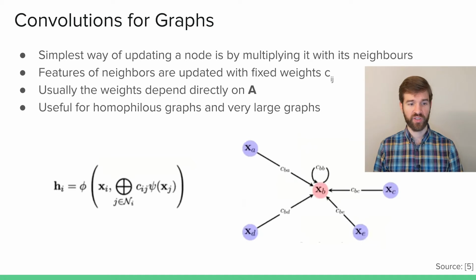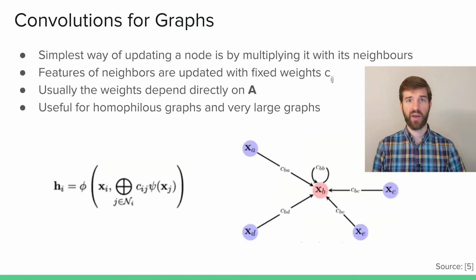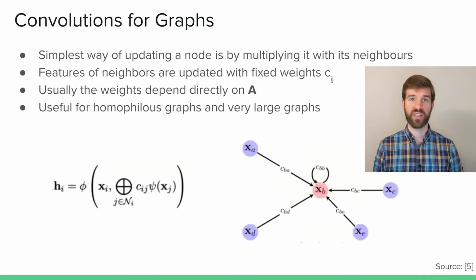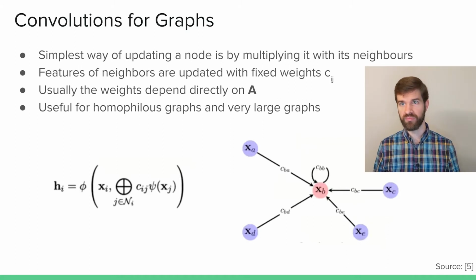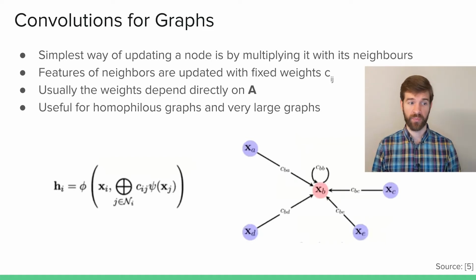So we're applying a function psi here on each node of our neighborhood, and then we have a fixed weight c_ij, and then we aggregate this information. What is this c_ij? It's a fixed weight, and it usually depends directly on the adjacency matrix A. In the simplest case, it is the adjacency matrix. So we add up all the features of our neighborhood whenever there is an edge to them.